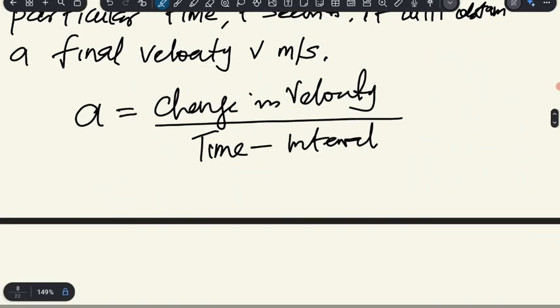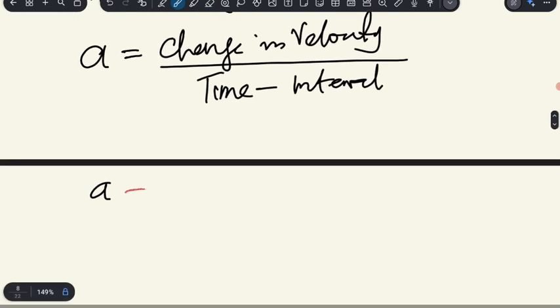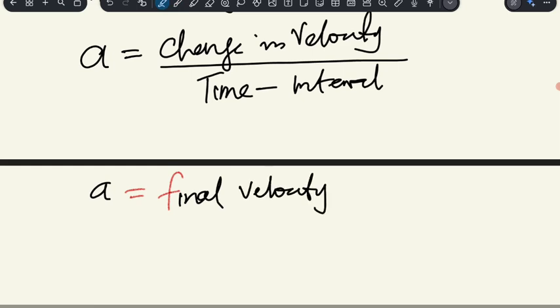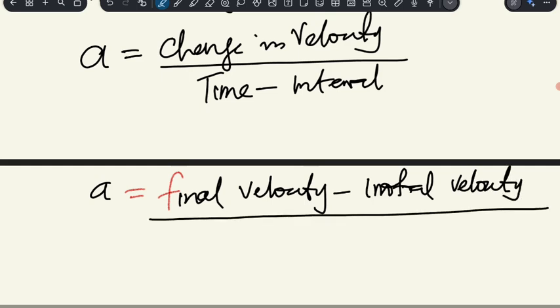So acceleration can be written as final velocity minus initial velocity, divided by time interval.